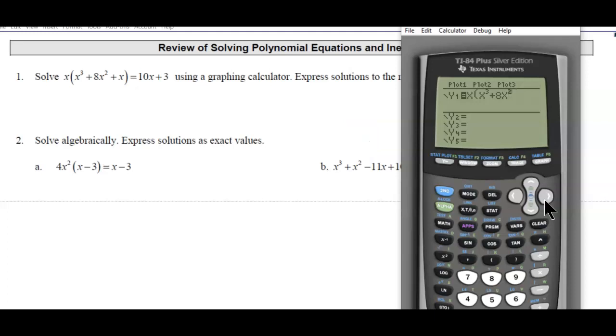Go back and insert. Okay. Plus x. So then what I would do is I just subtract 10x and subtract 3, or you could subtract the bracket 10x plus 3.